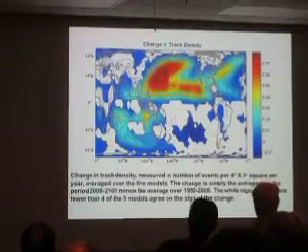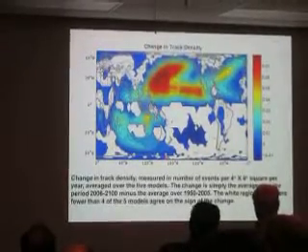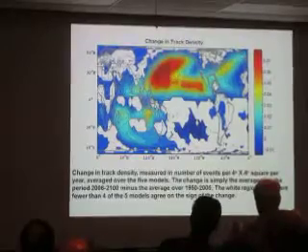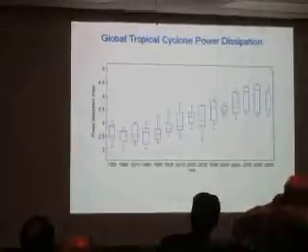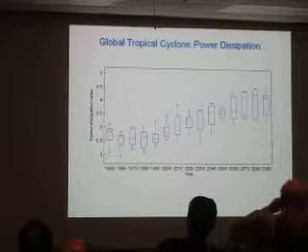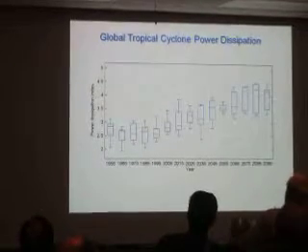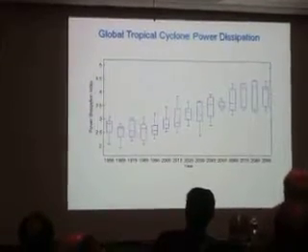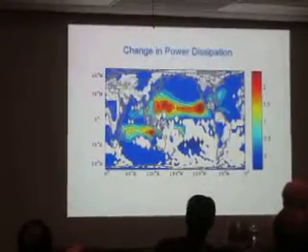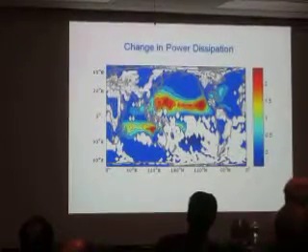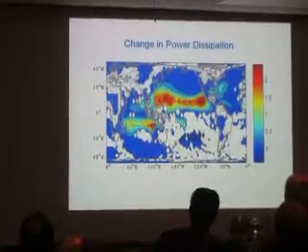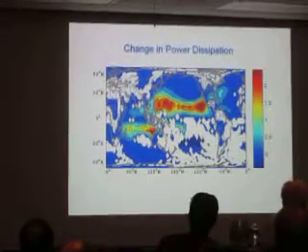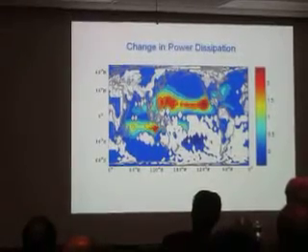So significant increases, at least by this metric, in the northern hemisphere and also in parts of the southern Indian Ocean. This is power dissipation showing the same kind of trend, an upward trend through the century, and there's a map of the change in power dissipation over the 21st century, again showing most of the change in the Pacific and the southern Indian Ocean, a little bit of increase in the Atlantic.